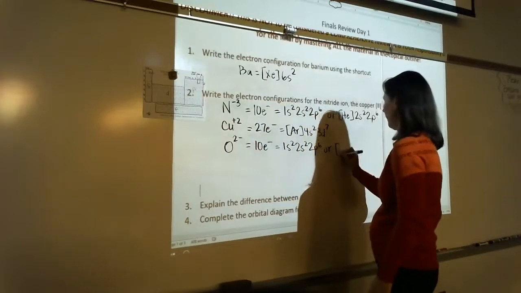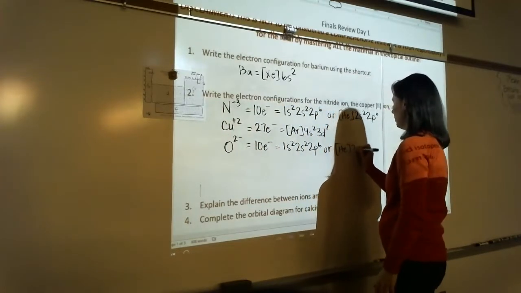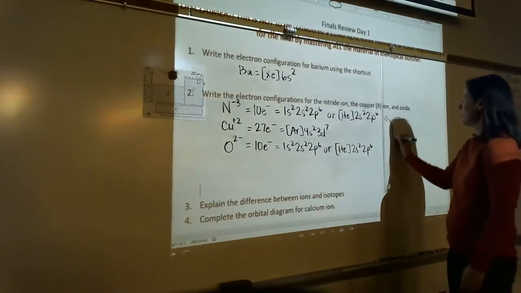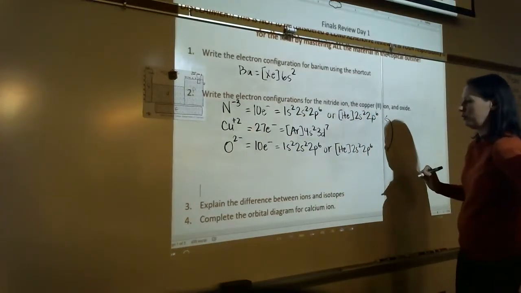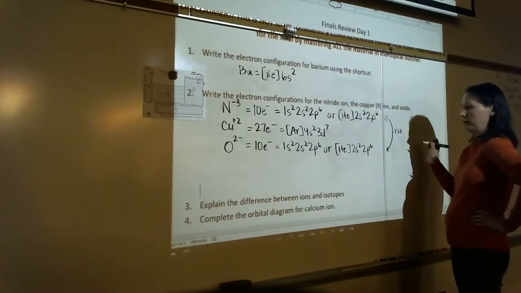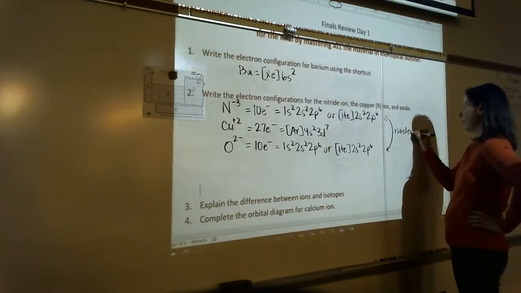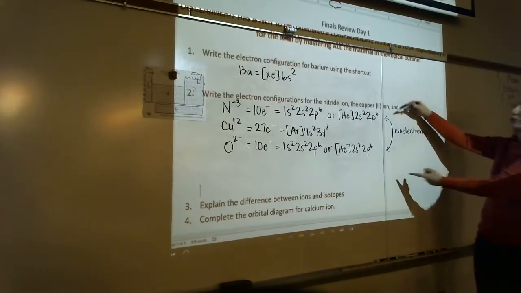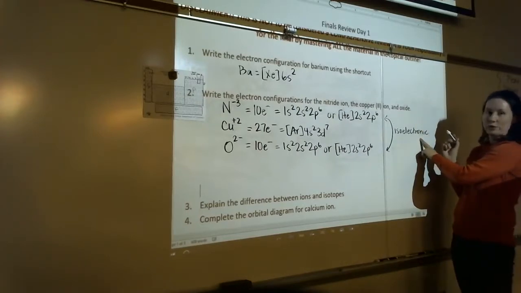Or you could have written that as helium 2s2, 2p6. What's the word we use when 2 elements have the same electron configuration? Do you remember that? Isoelectronic. Isotope is something different. They have the same electron configuration, so they're called isoelectronic.